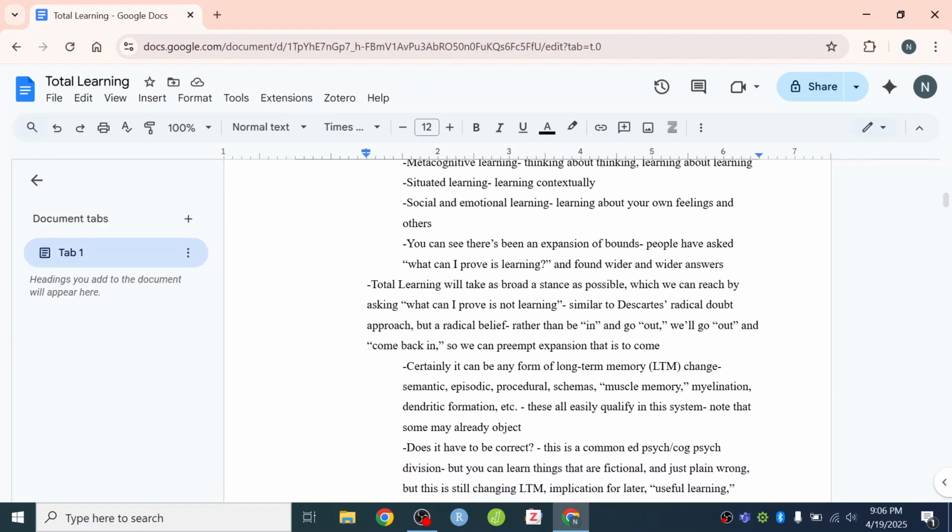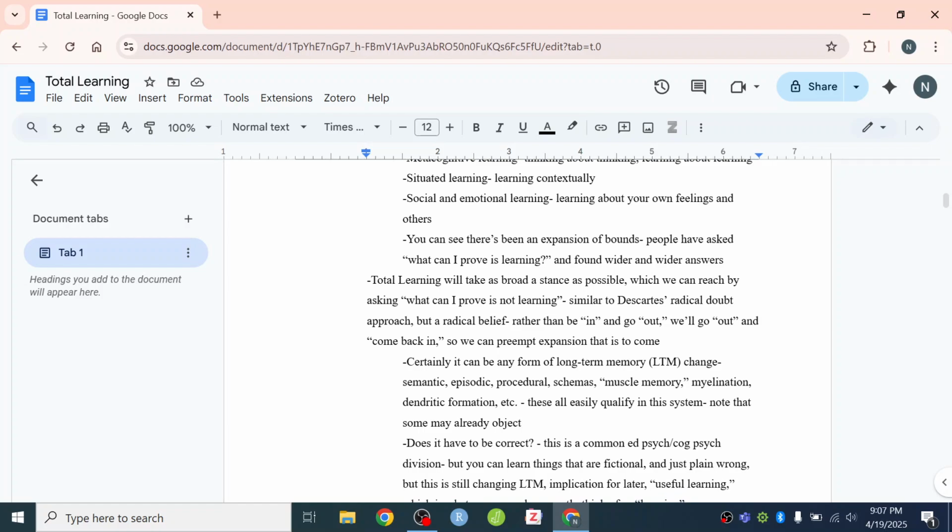First of all, does the information that is being learned have to be correct? And I would say this is a very common educational psychology, cognitive psychology division, where if an educational psychologist gives you a test on biology, because you just took a biology class and we want to see how much you learned from that biology class, and you put an answer in for all 100 questions and you get 70 of them right and 30 of them wrong, an educational psychologist might say, look, you learned 70% of the information.